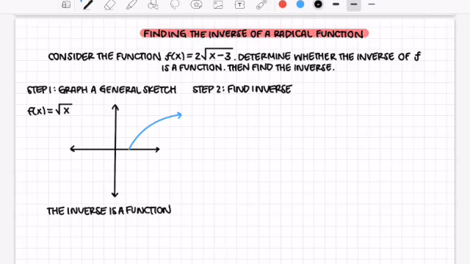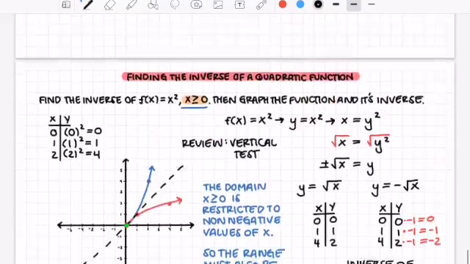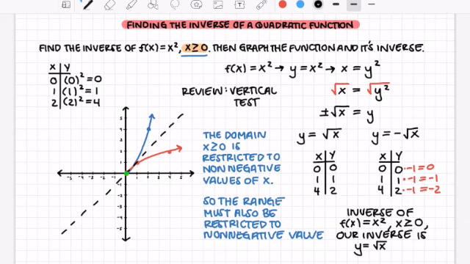But if you can recall from the beginning of part 1, when we are dealing with radicals or squares, it's a little different. We said that when finding the inverse of a quadratic function, if our domain is positive, that restricts us to having a positive y value as well for our inverse.